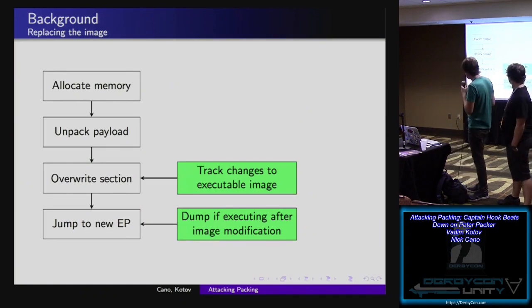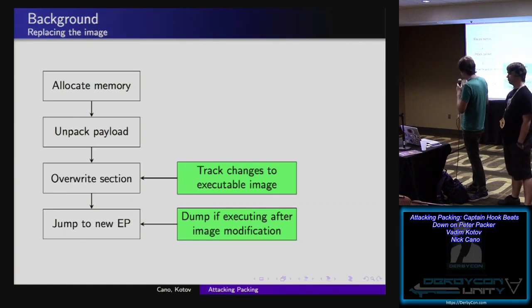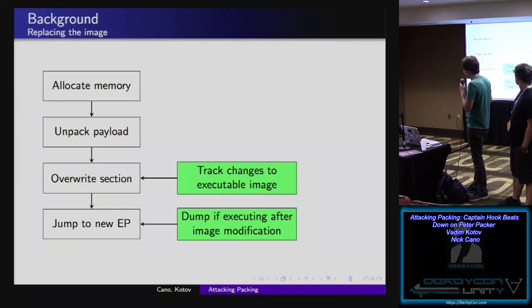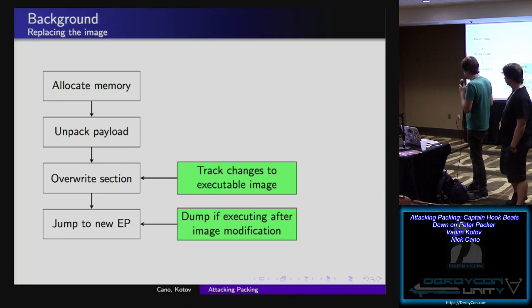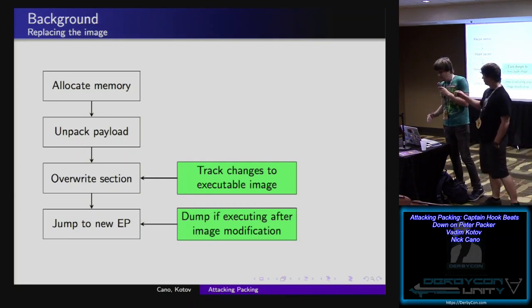When replacing an image, again, it would usually allocate some memory and unpack the code there, because that's easier to operate with. And then it overwrites the image section by section and jumps to the new entry point. In this case, a generic unpacker should track changes to the executable image, and if changes were made and execution in the code section was detected, then dump the whole image.